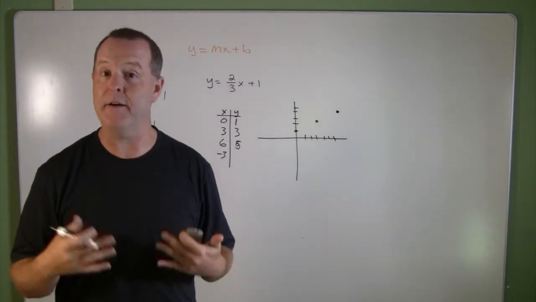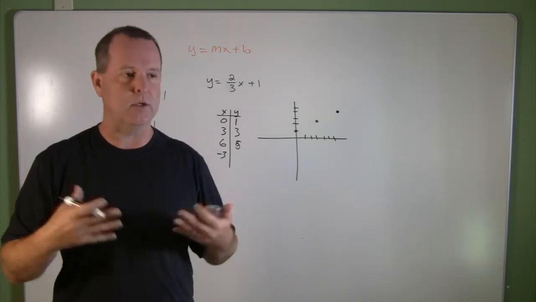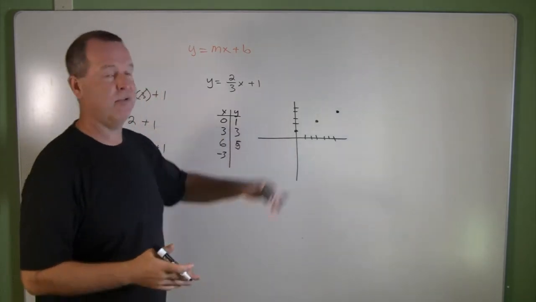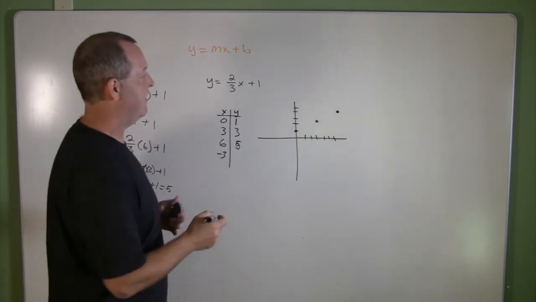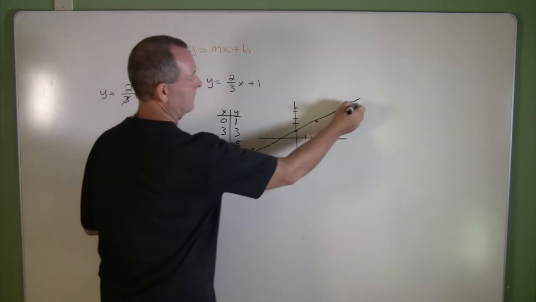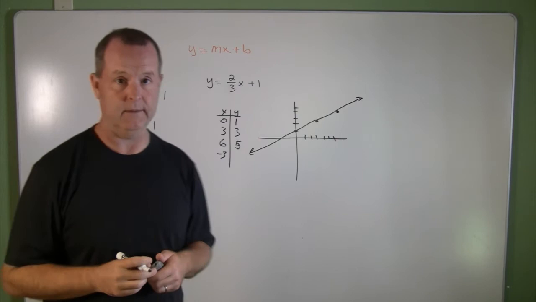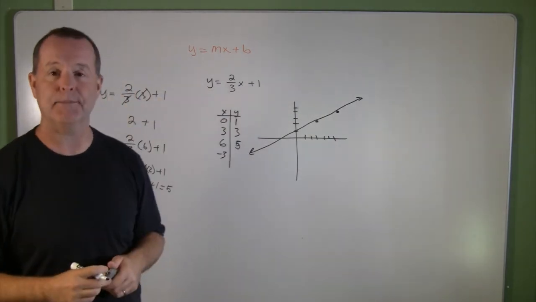And I know if I plot enough points, I'll fill up the entire line, but no need, because I know that 2 points make a line. I have 3 to make sure I didn't make a mistake, and then I can just go ahead and draw a line connecting those points. And now I have the graphical solution of y equals 2/3 x plus 1.